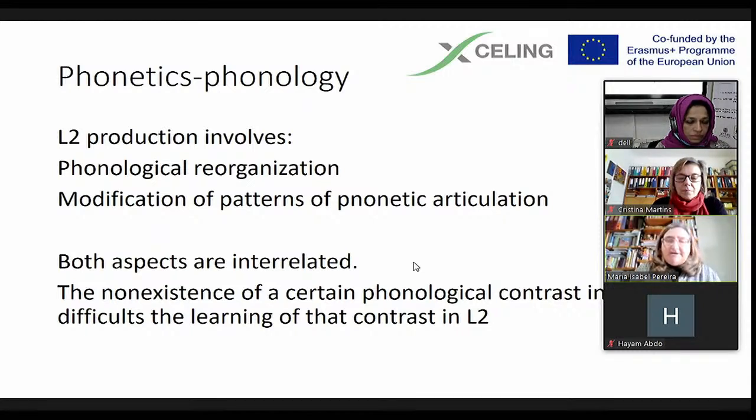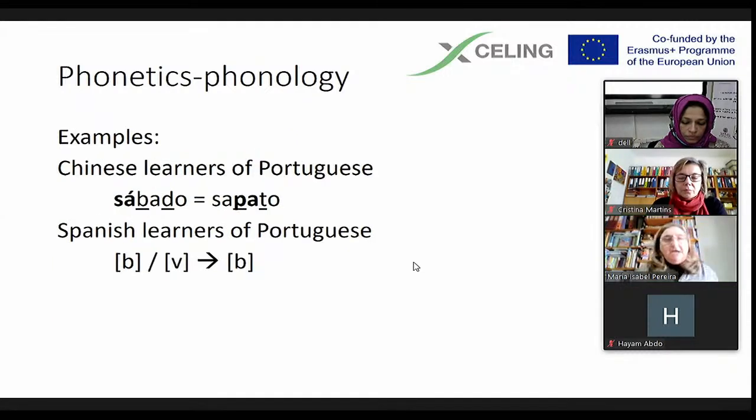And there are multiple examples of that. It is quite common in Chinese learners of Portuguese to make mistakes, using sábado and sapato indifferently. Those two words have quite different meanings.